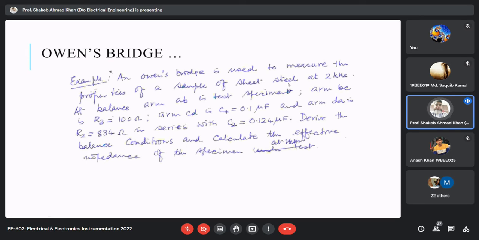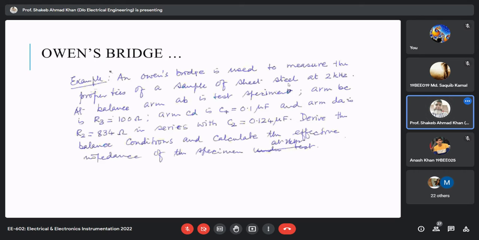Basically, the quality of the sheet steel can be assessed where it is manufactured by using this electrical testing method. When your sheet is perfect, without any manufacturing defect or imperfection, then it will have a certain value of impedance.